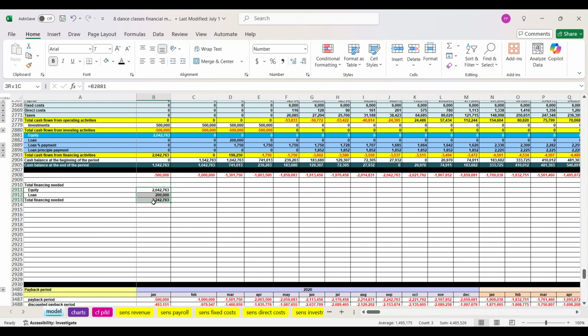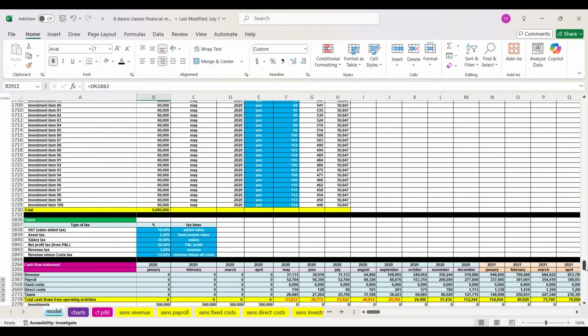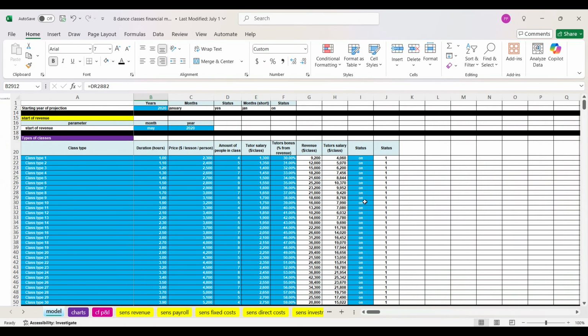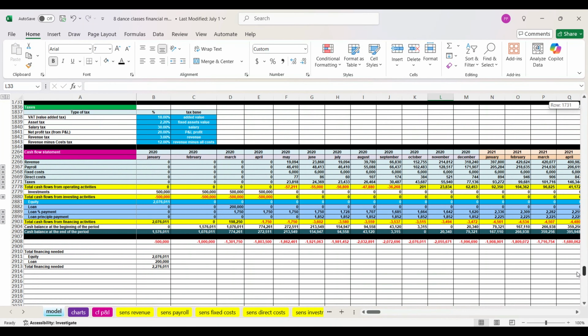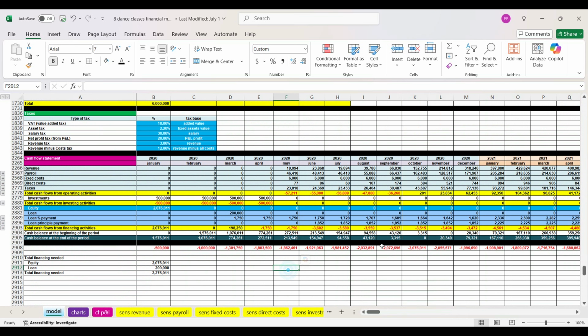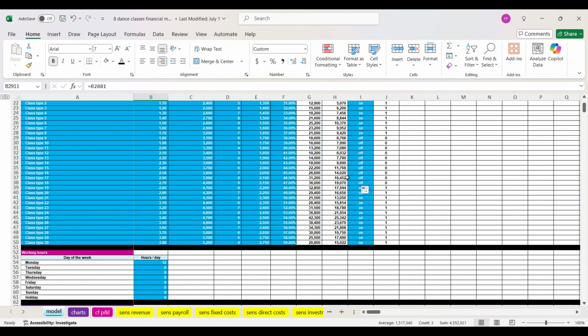So in this particular scenario, you will need this amount of equity, this amount of loan, and you can, for example, switch off some products. We can go back to the cash flow statement. You will be able to see how much money you will need in this particular scenario.